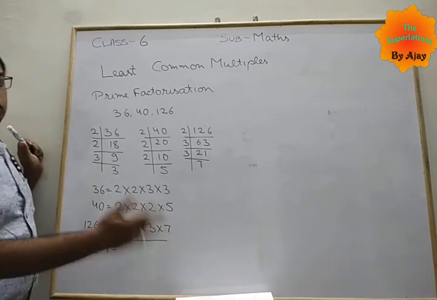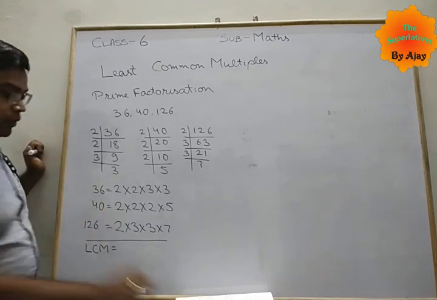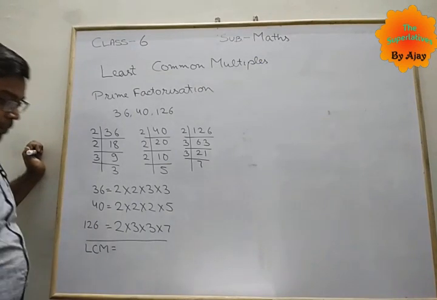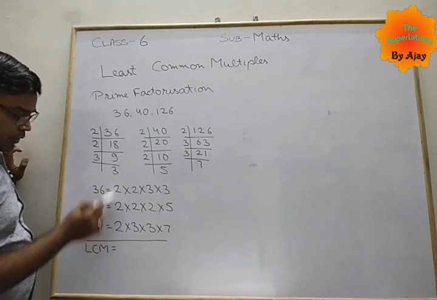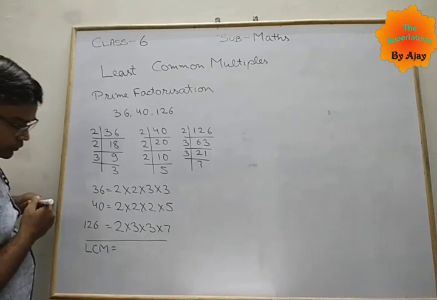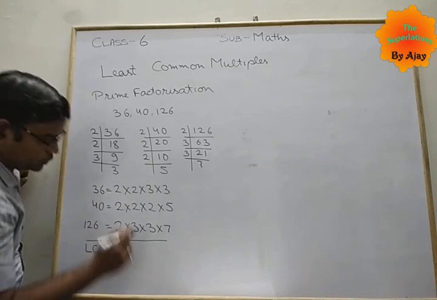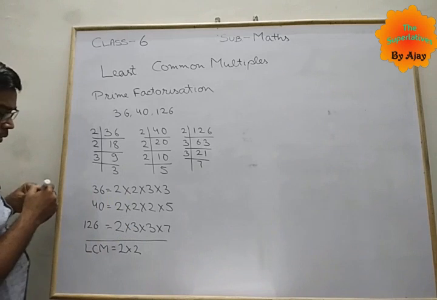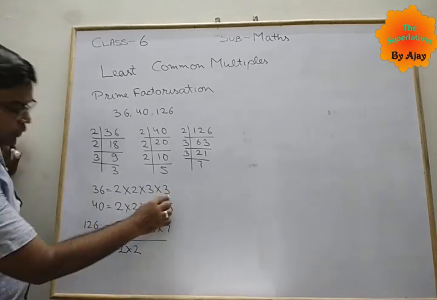First common, then second common, these two. Then we have 2, 3 common in these two numbers. Then we have the uncommon ones left: 2, 5, 7.